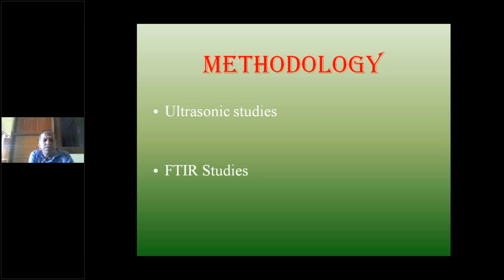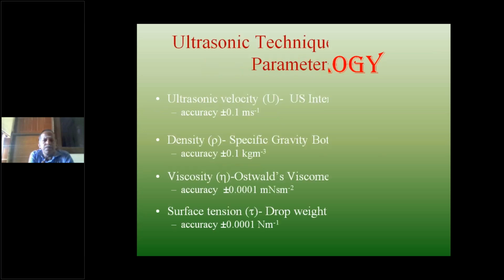They also give some good idea about the functional properties. And in addition to the ultrasonic profile, we have taken the FTIR studies. In FTIR, I have taken only the secondary structure analysis just to analyze the structural compactness of the proteins with and without glucose and fructose or the sugars.